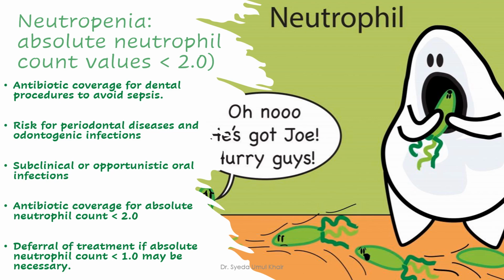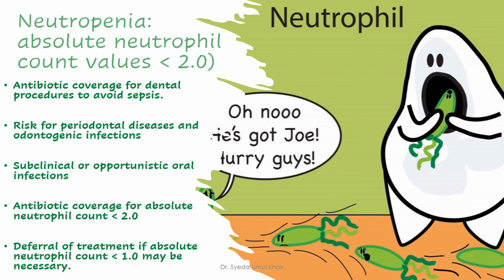The decision for preoperative antibiotic coverage needs to be evaluated on a case-by-case basis in conjunction with the patient's physician. Antibiotic coverage for dental procedures with an absolute neutrophil count below 2, and deferral of treatment if the absolute neutrophil count is below 1, may be necessary.